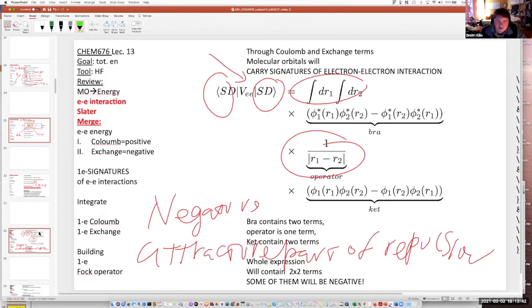Here is the thing we did, the last thing we were discussing last time. So we were evaluating the matrix element of electron-electron interaction in the brackets as an expectation value of the Slater determinant, right? And we did it only for 2 electrons and 2 states.